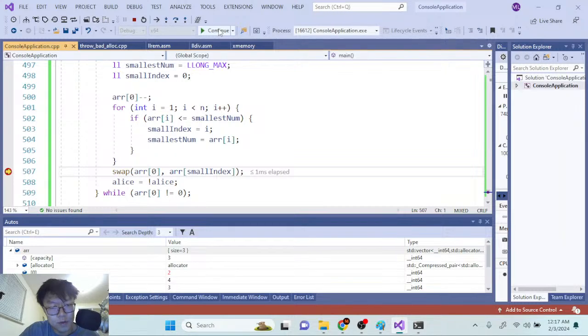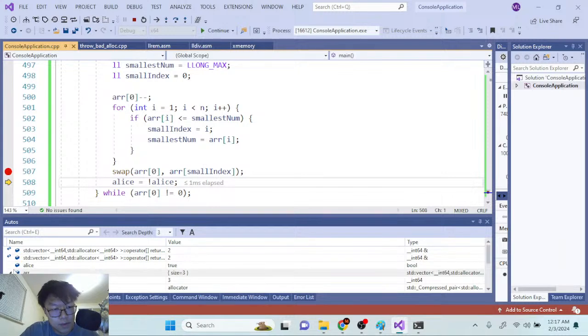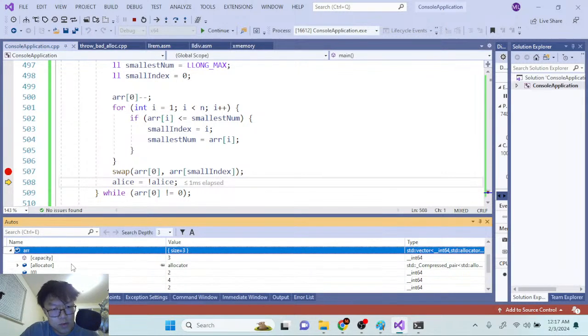3, 4, 2. Minus 1, 2. Swap 3, 4, 2. Swap with 3. 2, 2. So what happens here? 2, 4, 2. Minus 1 gives 1. Swap with 2.